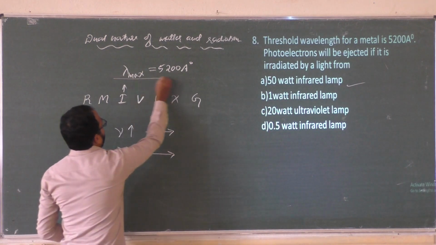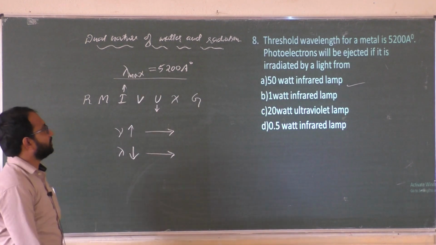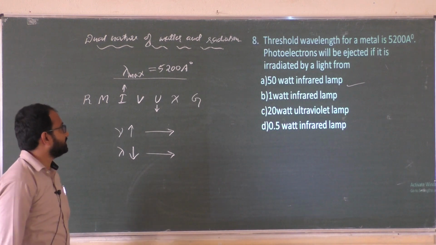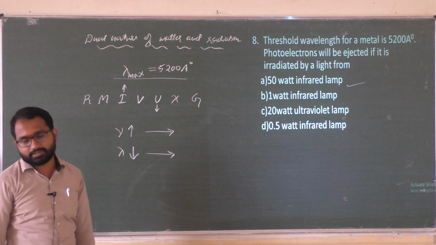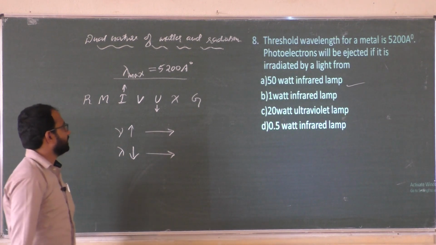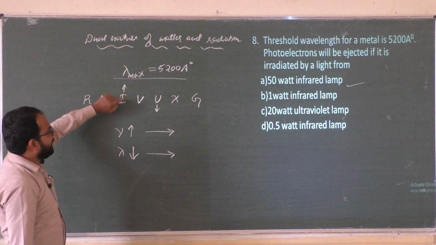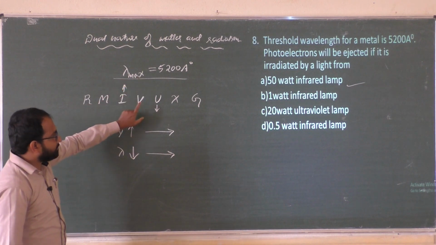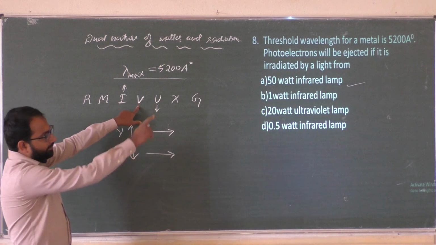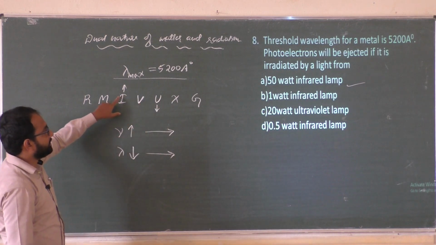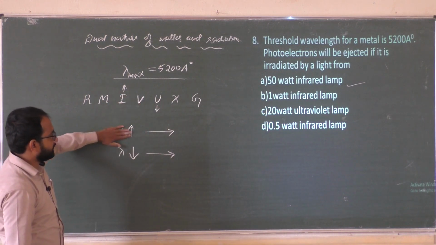What about the threshold wavelength? What is the definition of threshold wavelength? It is a maximum wavelength above which photoelectric emission does not take place. This wavelength comes in the visible region. This is the maximum wavelength for that particular metal, above which wavelength is increasing, right?